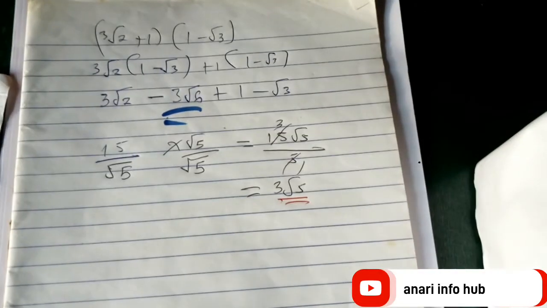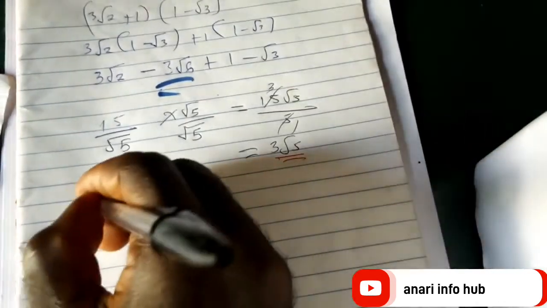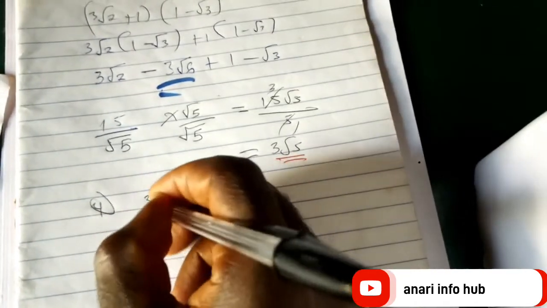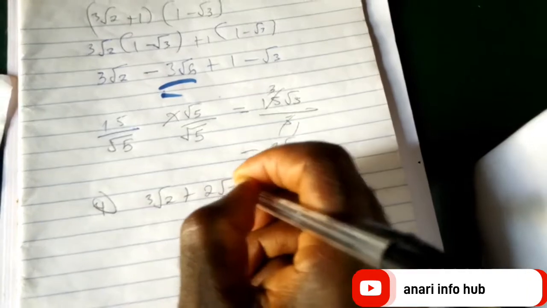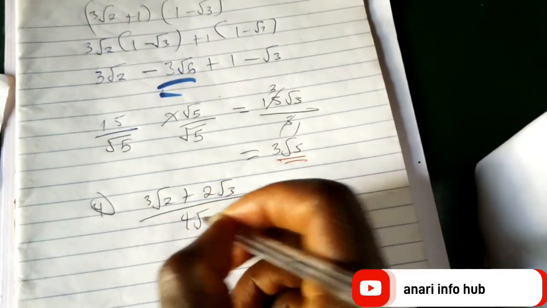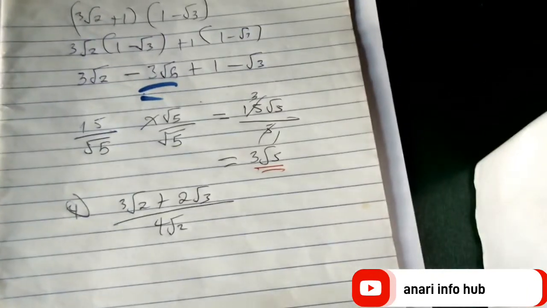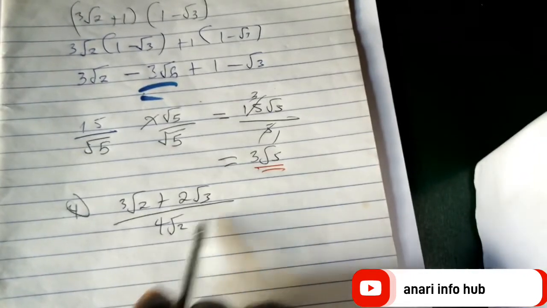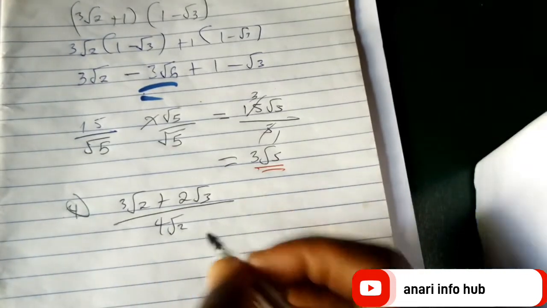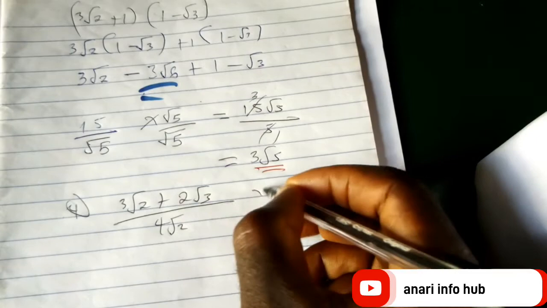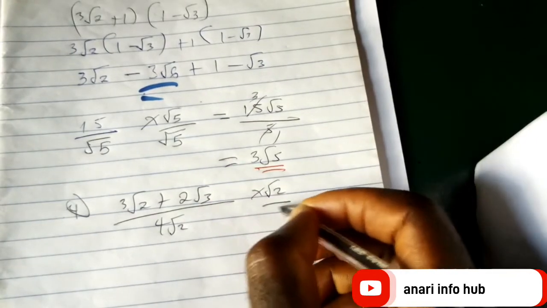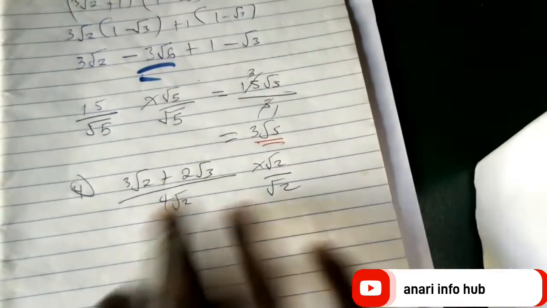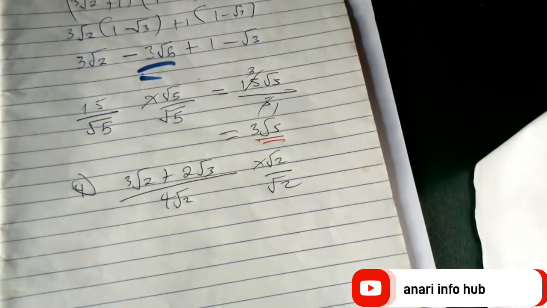Now the last but not the least says (3√2 + 2√3) over 4√2. Multiply this by √2. If you multiply by 4√2, you are going to have the same answer, but I want us to multiply by √2.